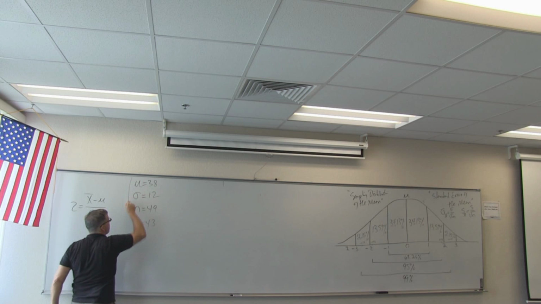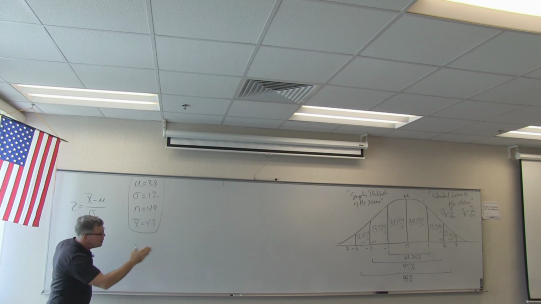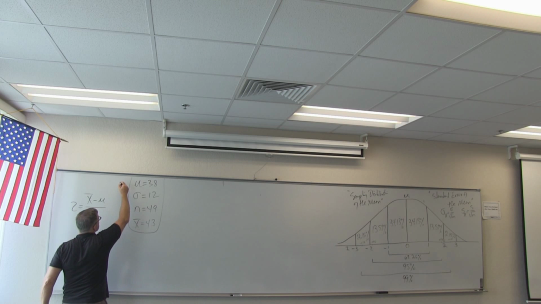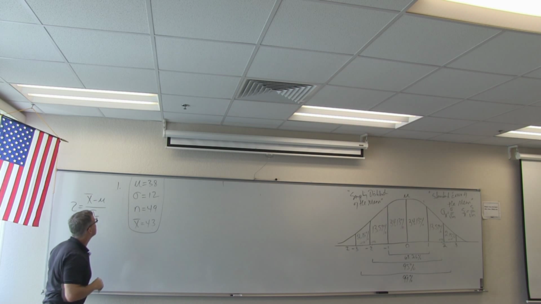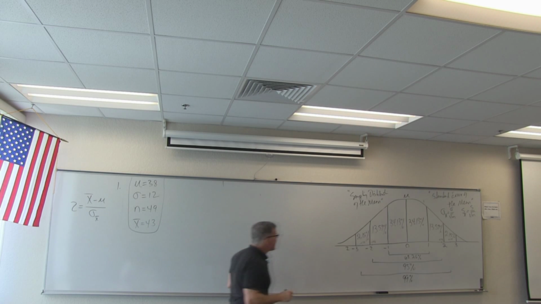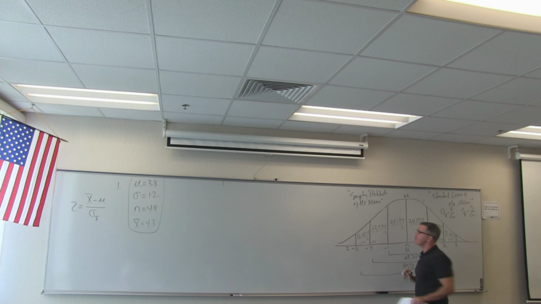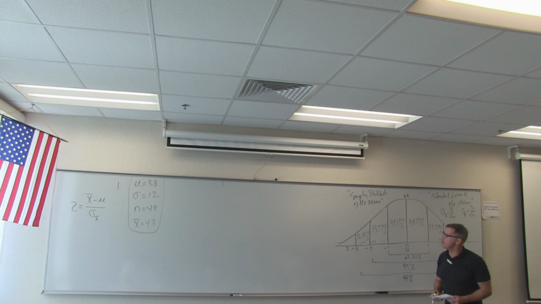If it falls somewhere in the middle, it's going to correspond to a z that's less than, so to speak, the absolute value of our critical values. Regardless, we have our first set of information with a mu of 38. That's the norm. We're going to see if this sample of 49 individuals is significantly happier than the norm.